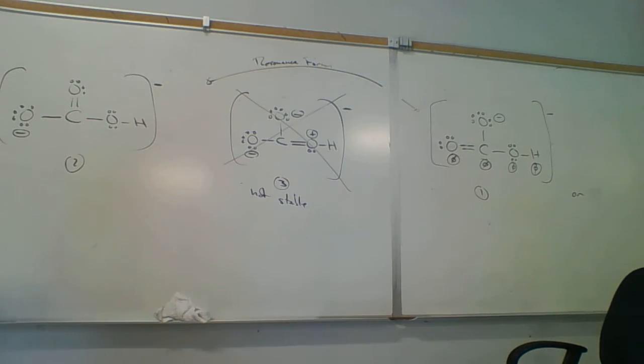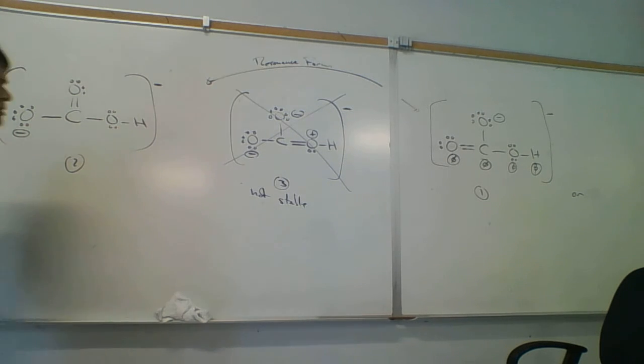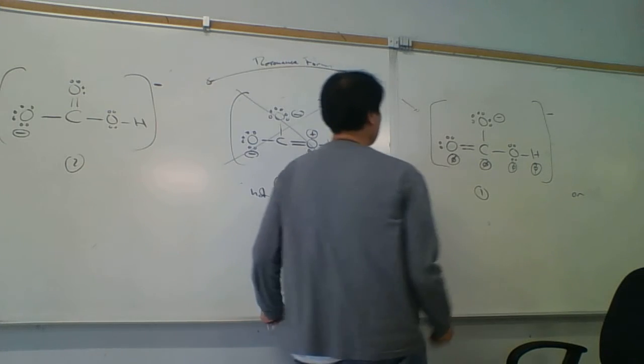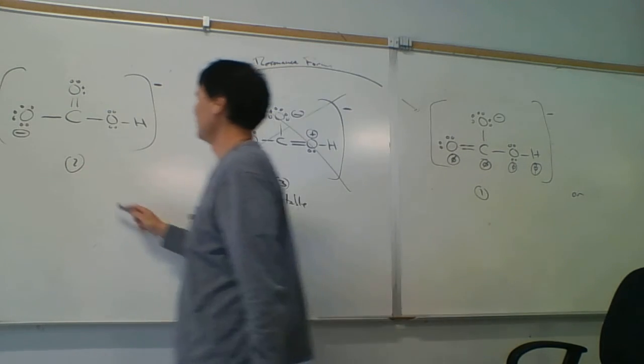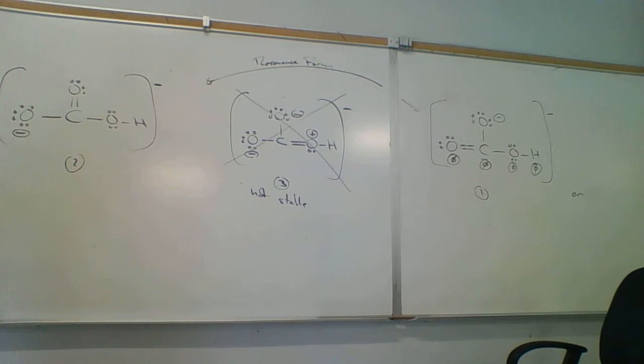Resonance forms are pretty much the same structure. It's just different ways of making it. What we have to do is fix the atoms in position. We don't move the atoms. We just see how the electrons can be arranged, keeping the atoms in place. So we didn't touch the atoms, we just see the electrons can be arranged differently. There could be a double bond here, or there could be a double bond there.